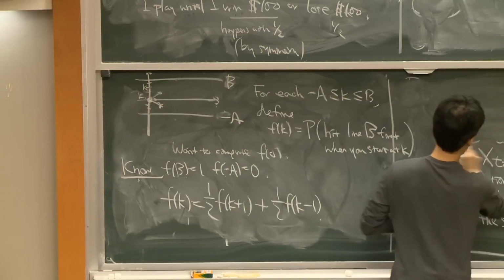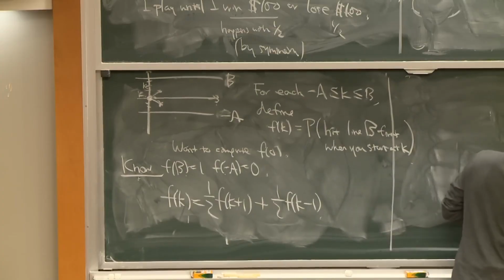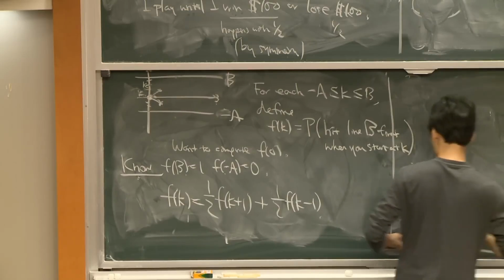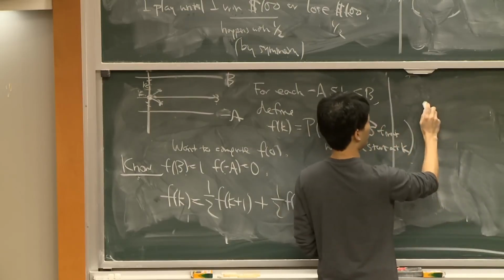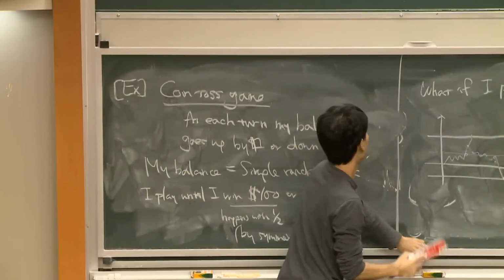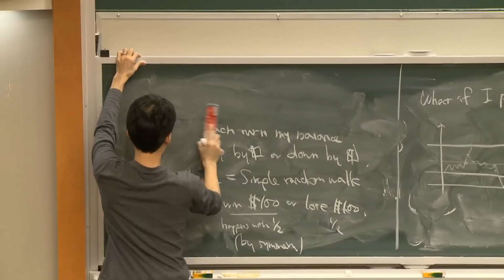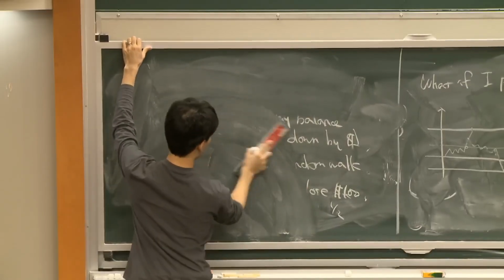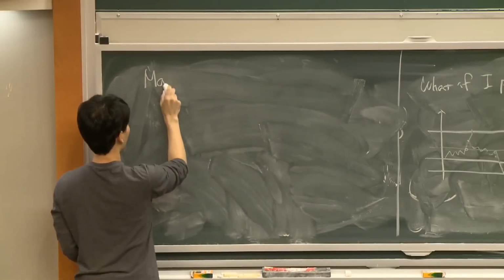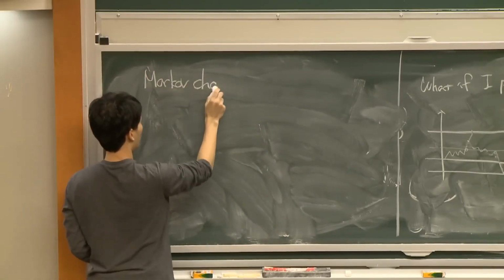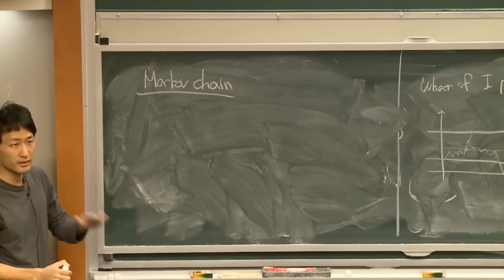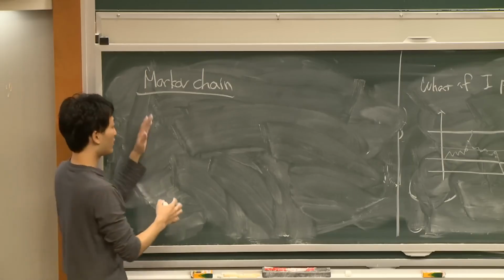Now, let's talk about more stochastic processes. The second one is called the Markov chain. The Markov chain, unlike the simple random walk, is not a single stochastic process. It's a collection of stochastic processes.